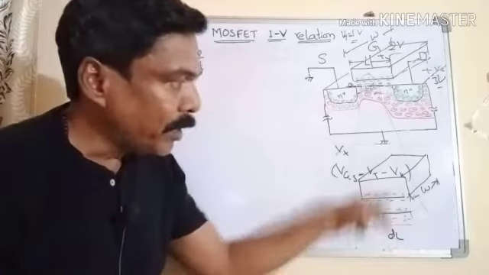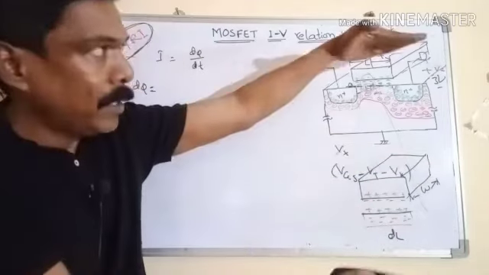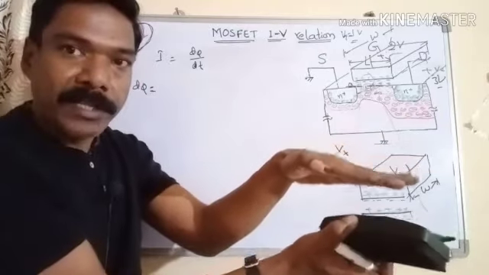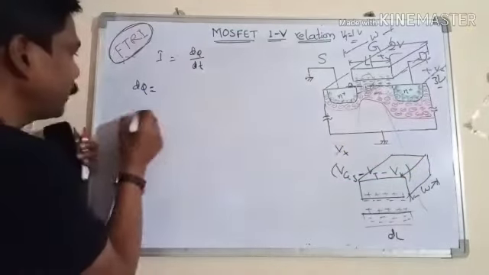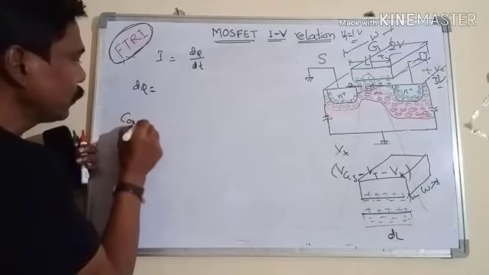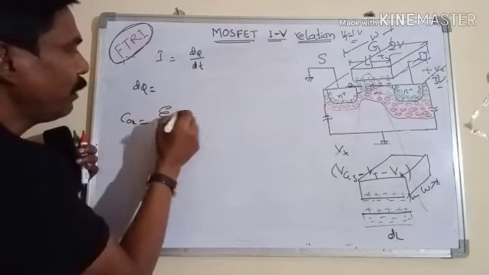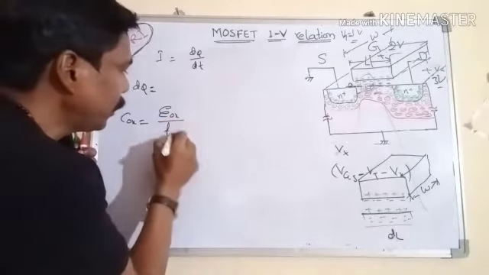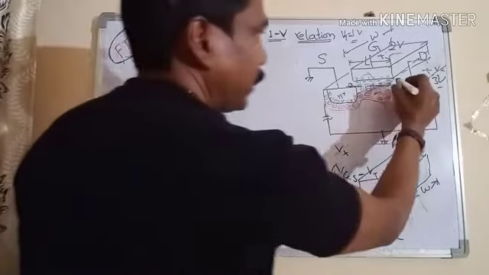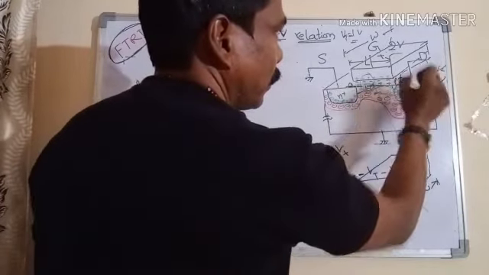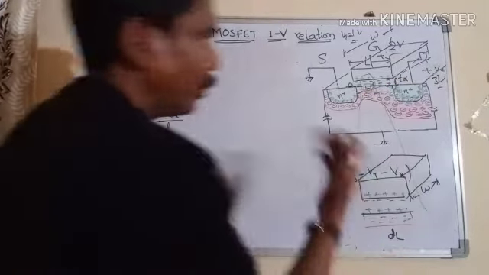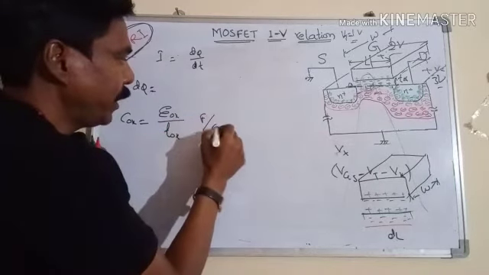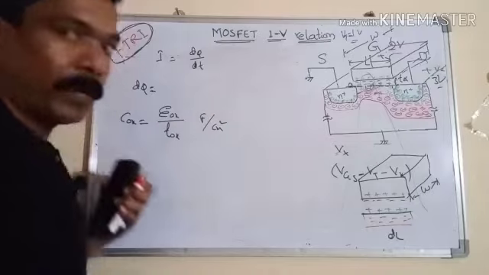The capacitance per unit area of this capacitor, with two plates, the top being the gate and the bottom the substrate, is given by the permittivity of the oxide layer divided by the oxide thickness, Tox. So epsilon oxide by Tox is the capacitance per unit area, in farad per centimeter square.